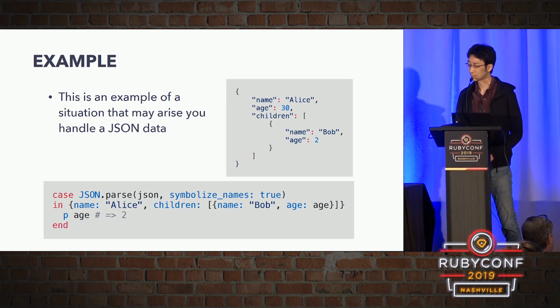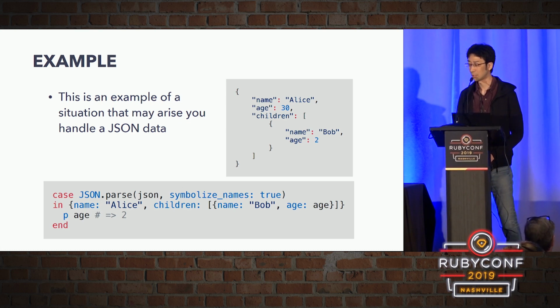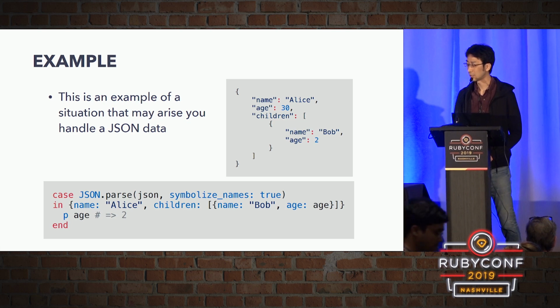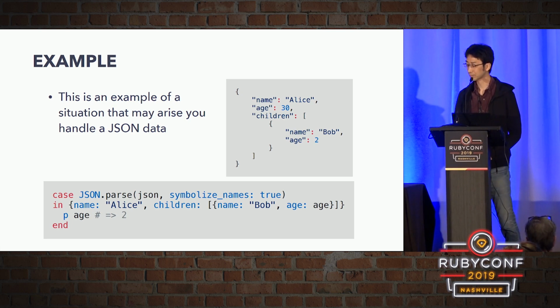The condition is that the person's name is Alice, and she has one child whose name is Bob, and you actually get his age and print it. So the condition I have described can be written easily. So it is a very beneficial aspect of pattern matching.